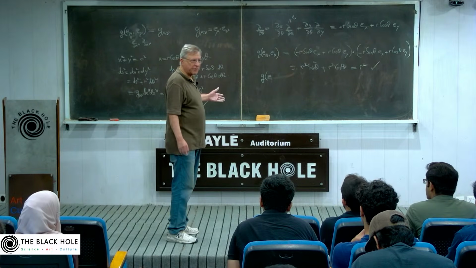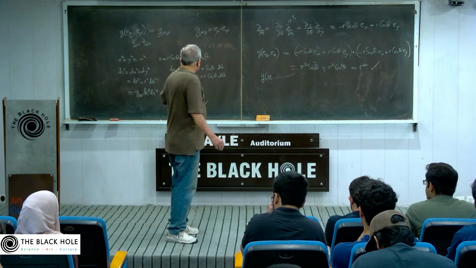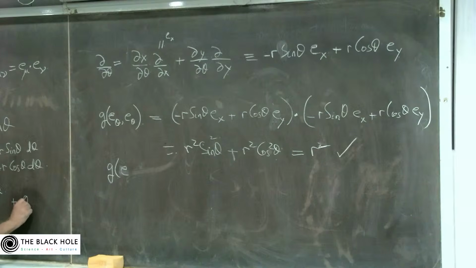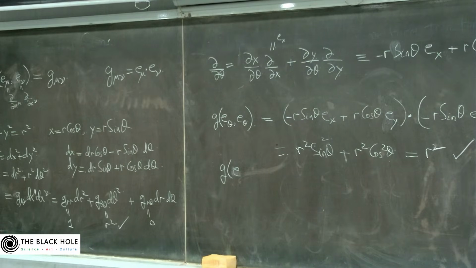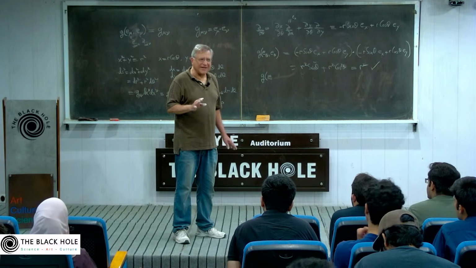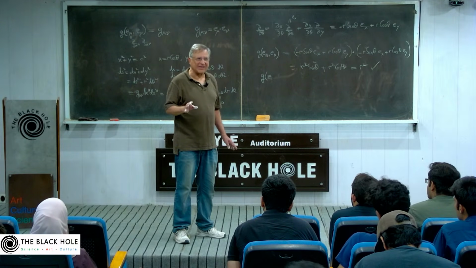It will come out to be 1. And the cross terms will come out to be 0. So any term like this will be 0. Just work it out. So you see, it does work out exactly as you expect.